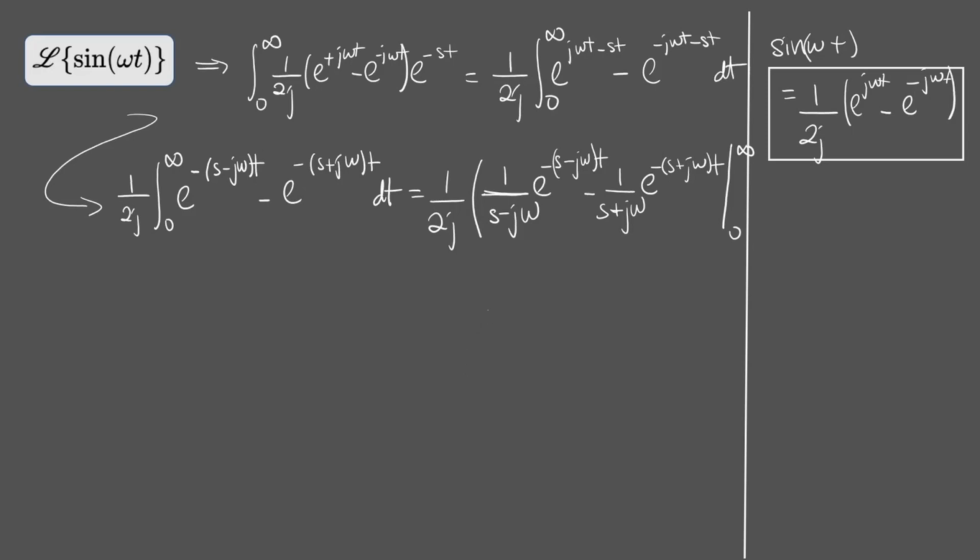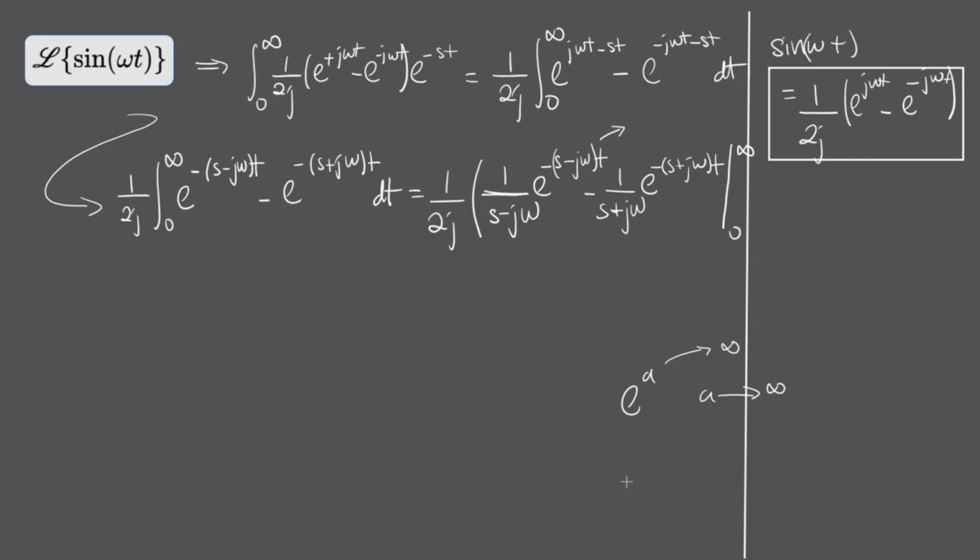How do we do that? This is the really fun part, taking the limits. For infinity, we're going to do this whole thing as t tends to infinity. This is e to the negative (s minus j omega) times t, and t is going to tend to infinity, so this is going to tend to 0. If you have e to the a, and a goes to infinity, e to the a is going to grow to infinity.